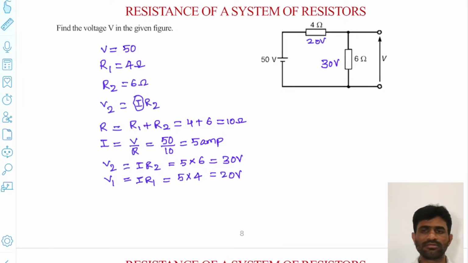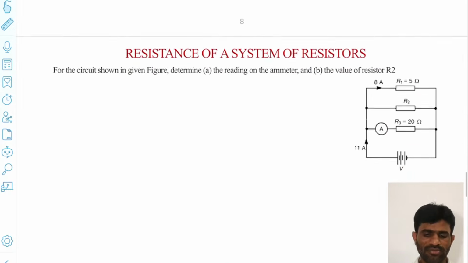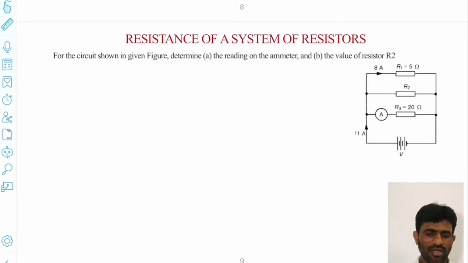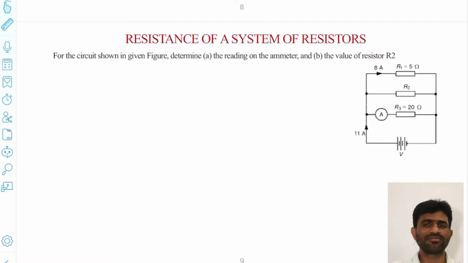Now let's move to another problem. Now this is your next problem. See how these resistors are connected in this problem.